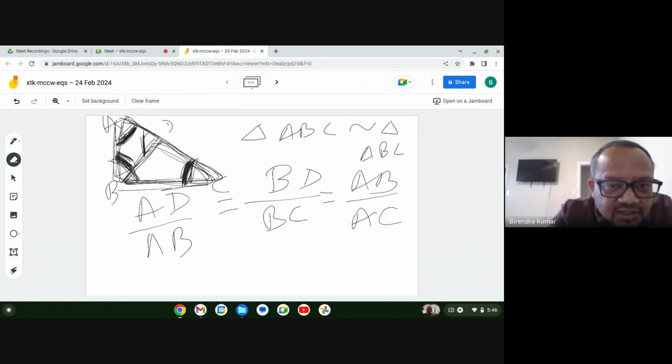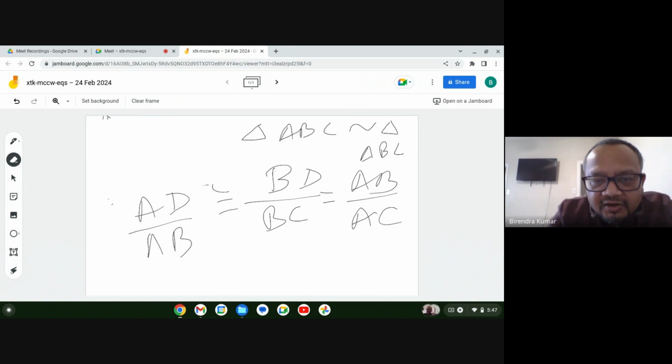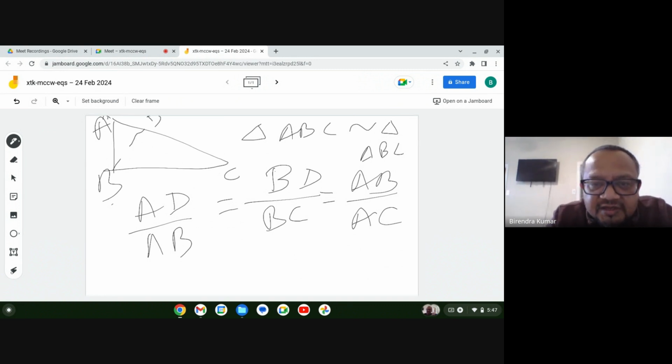This is looking so dirty that I myself cannot make out much. So let me clean this. So we have got one formula so far, based on the two triangles. A, B, C, and this is D. So based on ABD and ABC, this is the formula we have got.